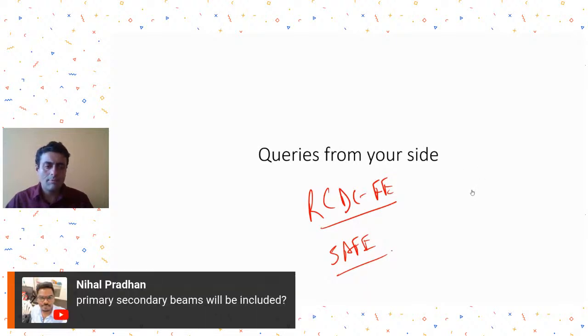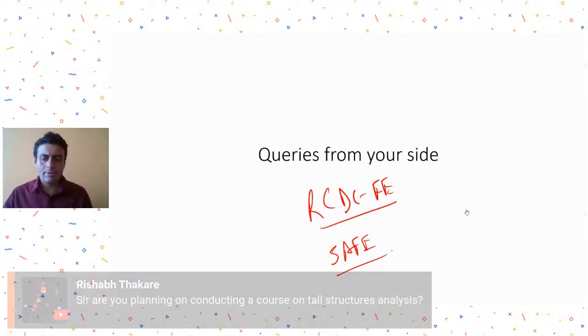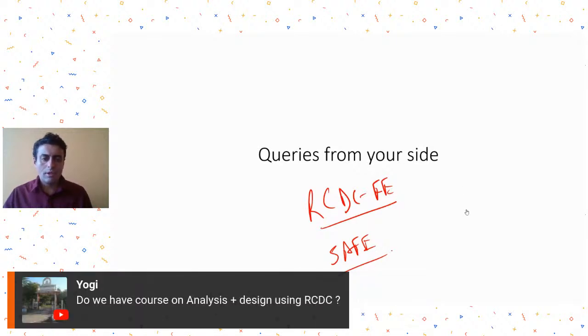Mr. Niyal is saying primary, secondary beams will be included. Yeah, beams will be included. Whether they are primary or secondary, we'll see how RCDC is able to identify if a beam is secondary or primary, all those things. Mr. Rishabh is asking, are you planning on conducting a course on tall structure analysis? Maybe sometime in future. Mr. Yogi is asking, do we have a course on analysis plus design using RCDC?